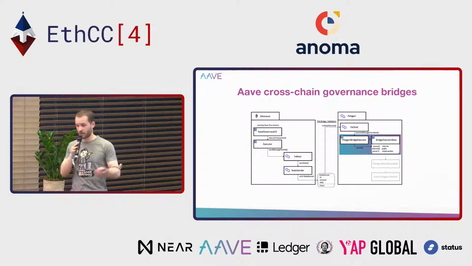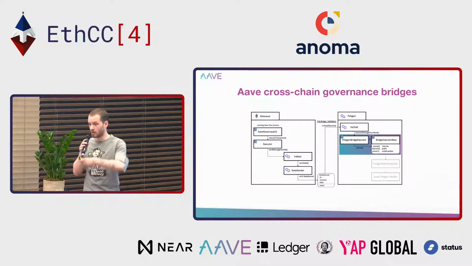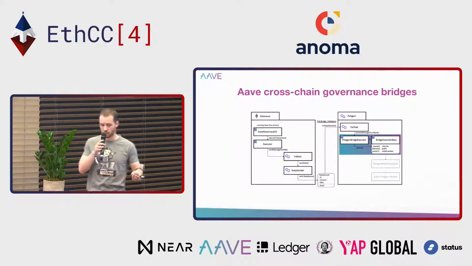And then this bridge has the part of the bridge in Polygon that takes this message, and that part of the bridge controls the Aave market on Polygon. What this means is that in practice, the governance of L1 factually has permissions on the Aave market in Polygon, so it's quite convenient.